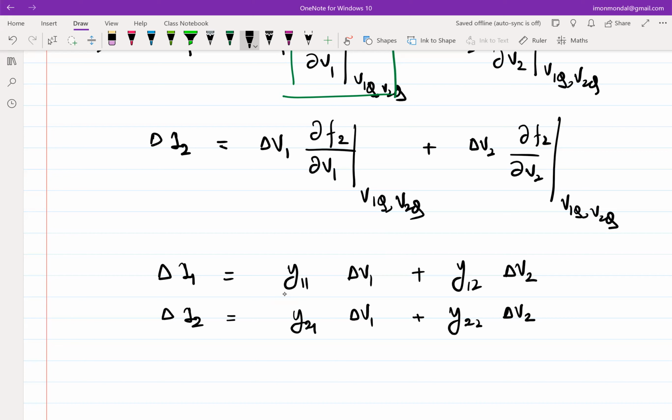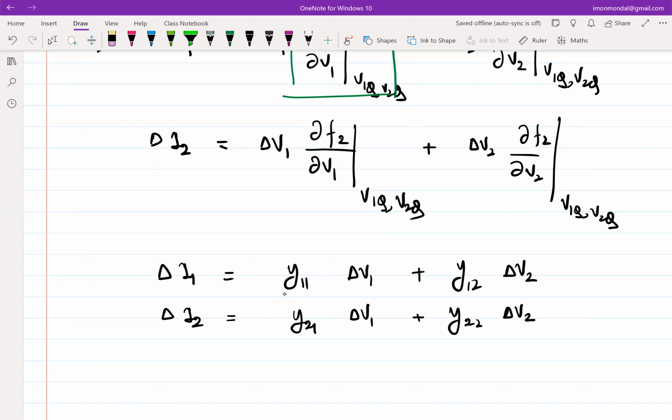Again, what is the significance of these notations? Why do I say something like, let's say, Y12? What does this 12 mean? What if I just tell you YMN? What will the subscripts M and N mean? Or in this case, what do the subscripts 1 and 2 mean? Can you speak louder? I can't hear.